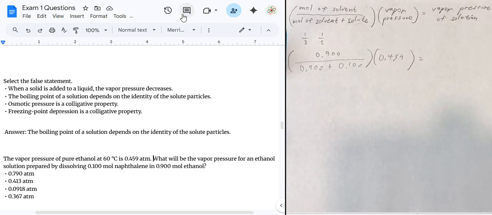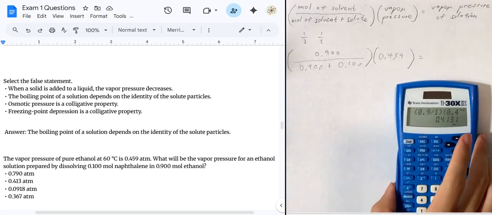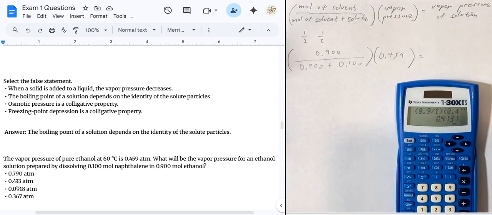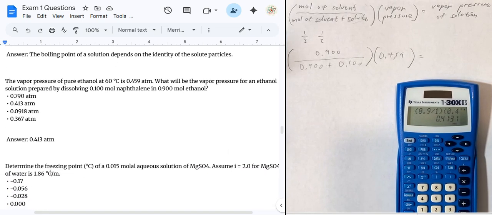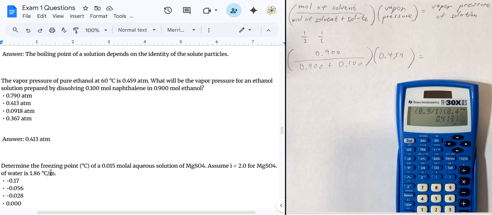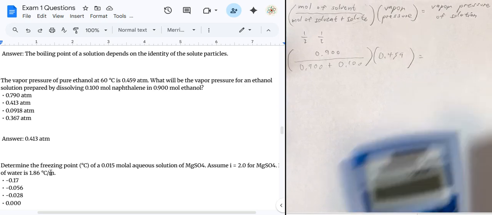And you just plug everything in to get 0.413, which is the answer. Next question is on freezing point.